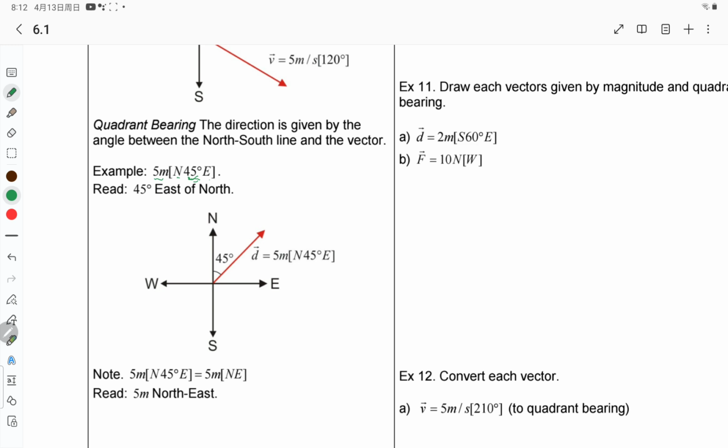From its drawing, it seems like it's the angle of this vector with the north direction. N is north. So here I think it's an application maybe to physics.